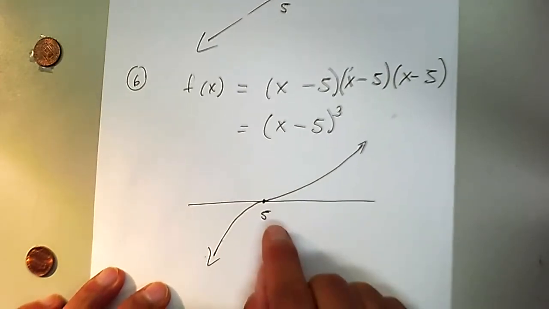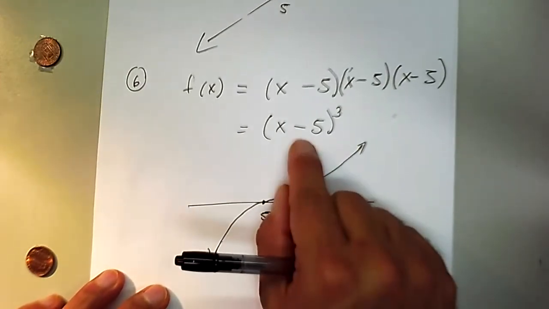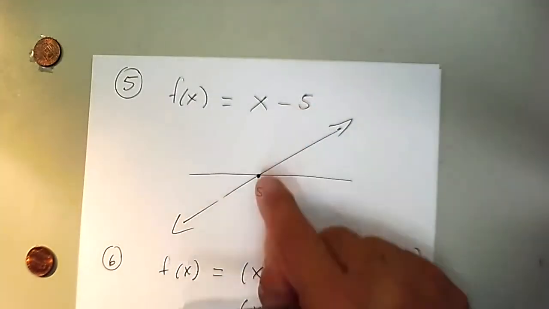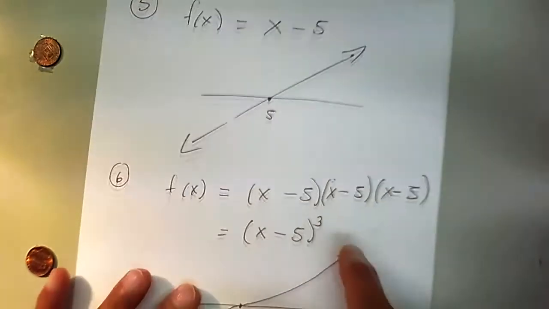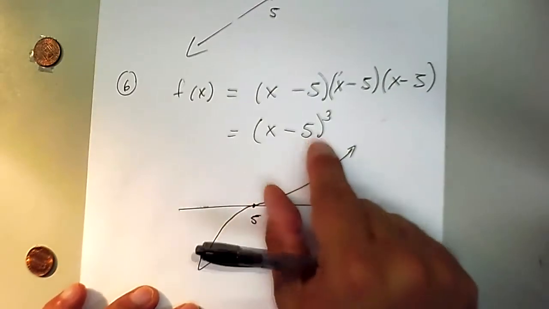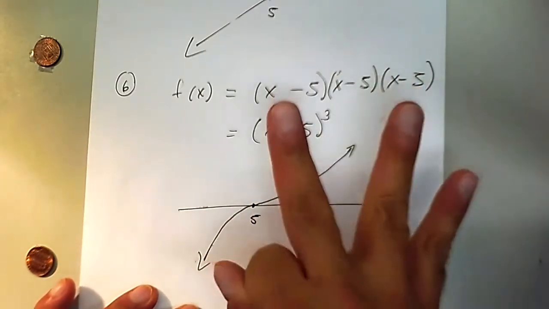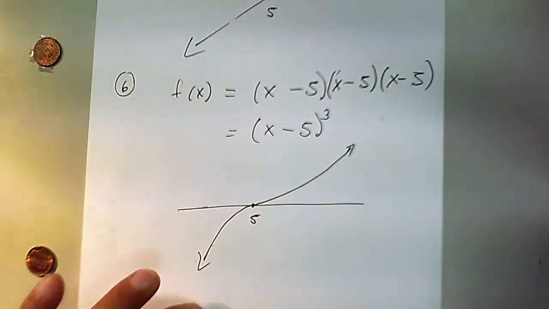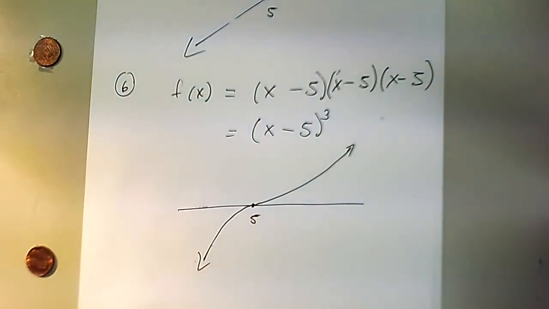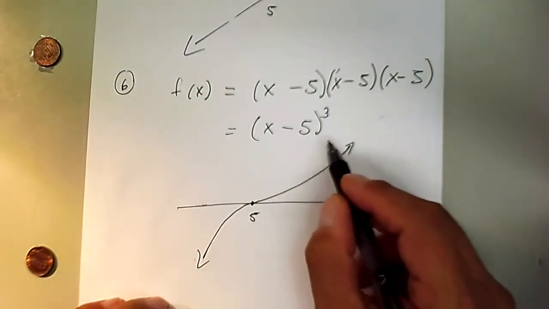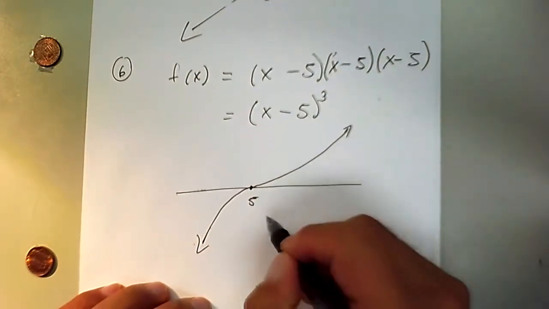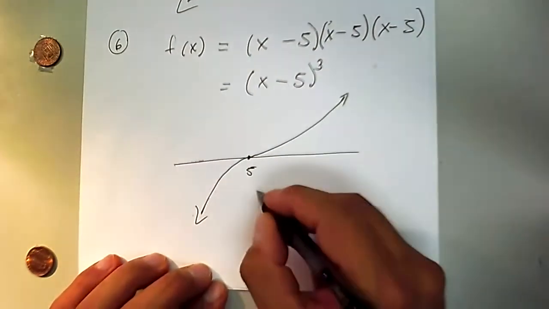What is different is the multiplicity. See, the 5 is a zero once. Here, we say that the 5 is a zero 3 times. So the multiplicity of this zero is 3.